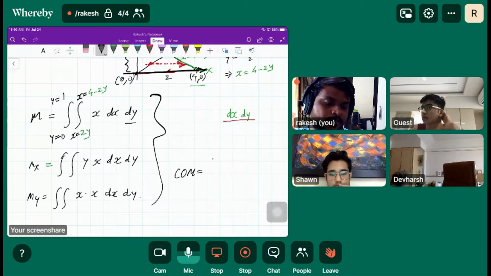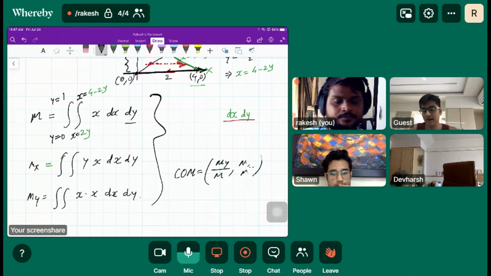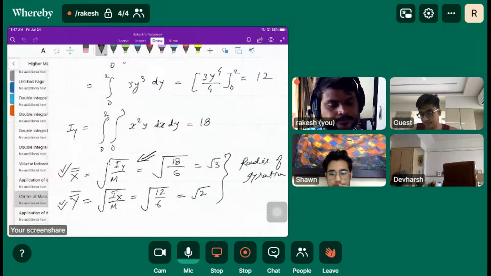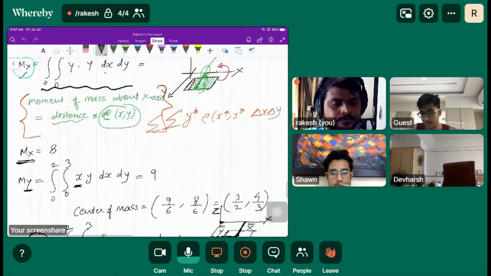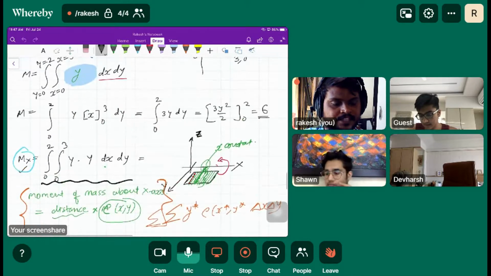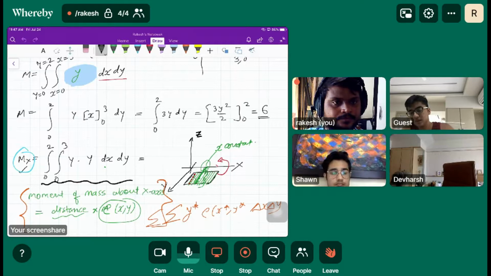My upon m. I have a doubt about the procedure. Basically, in the previous question, it was a rectangular shape, so it was uniform throughout.